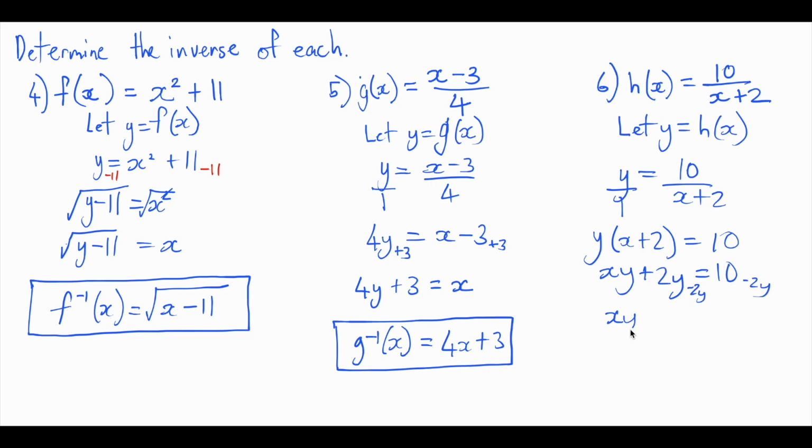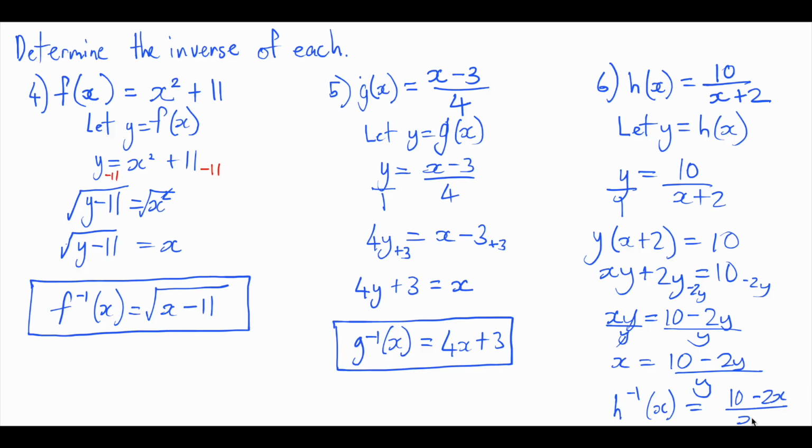We're left with xy is equal to 10 minus 2y. So we divide both sides by y. We're left with x is equal to 10 minus 2y over y. So we know how we write our final answer. h inverse x is equal to 10 minus 2x over x. That's our answer. Alright, so y'all ready for the next level?